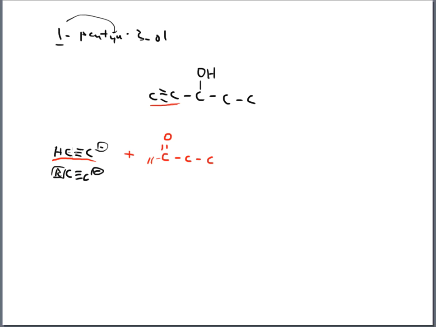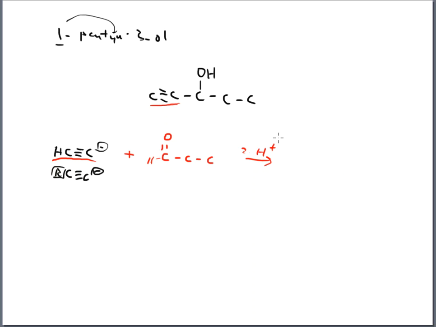The acetylide ion serves as the nucleophile that attacks the carbon of the carbonyl, breaks the double bond, shoves the electrons up to the oxygen, forming a negative temporarily, and then we protonate it in the second step to make an OH group. So I need these 2 reactions, and in step number 2, I'll need an H plus.